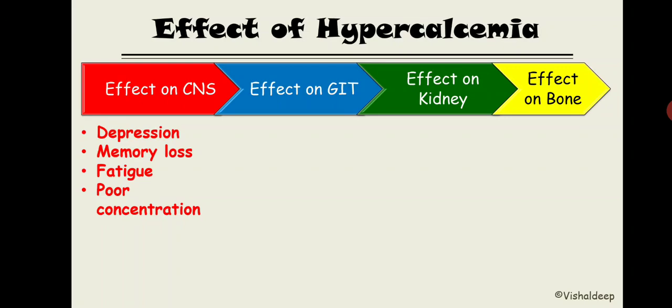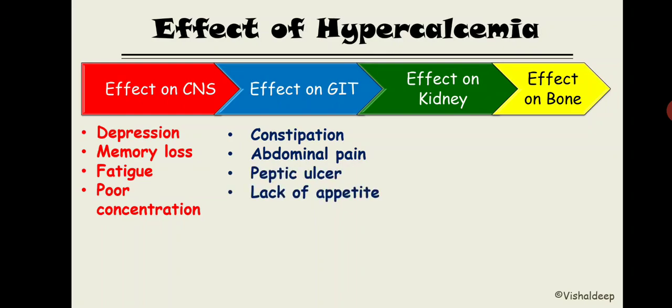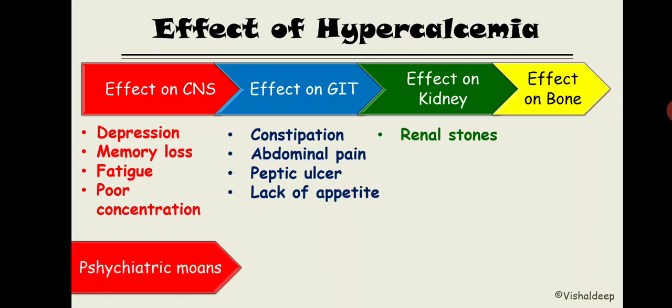As far as the effect on GIT is concerned, the person suffers from constipation, abdominal pain, peptic ulcer, and lack of appetite. As far as the kidney is concerned, the person has renal stones. In most books it is given like this: the effect on the CNS is more commonly known as psychiatric moans, meaning depression, memory loss, fatigue, and poor concentration.